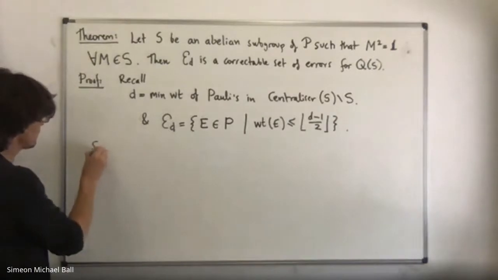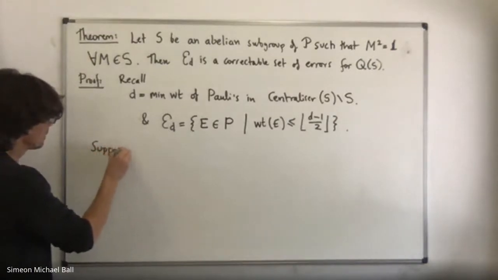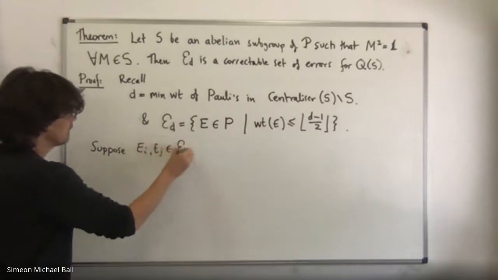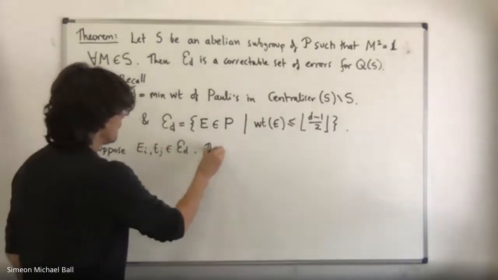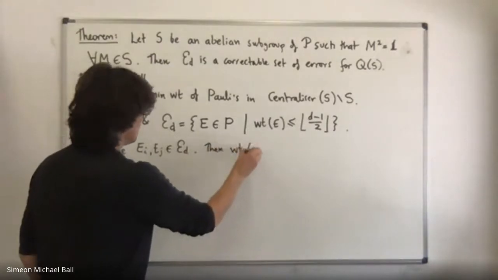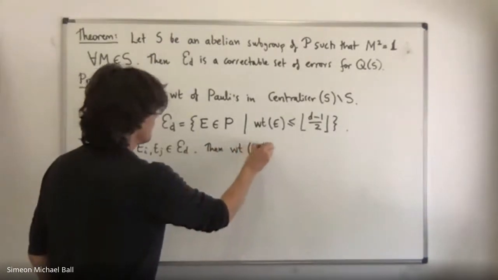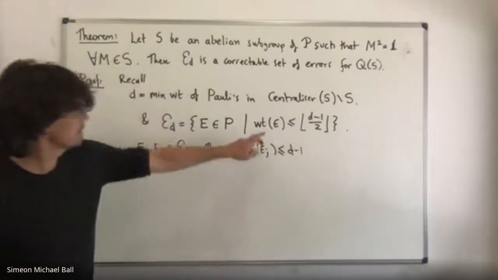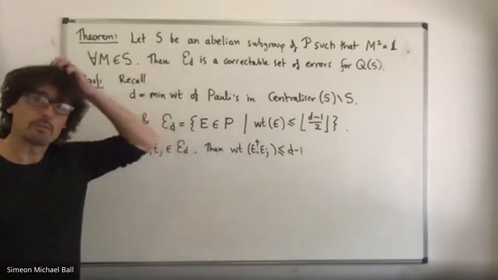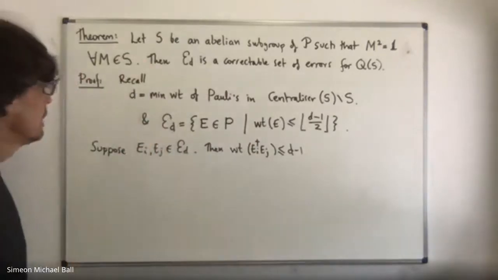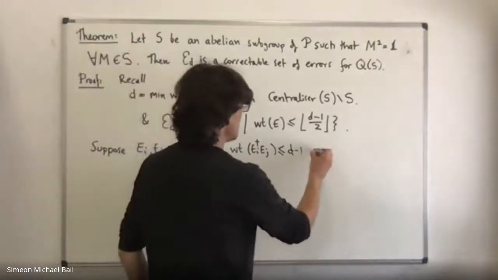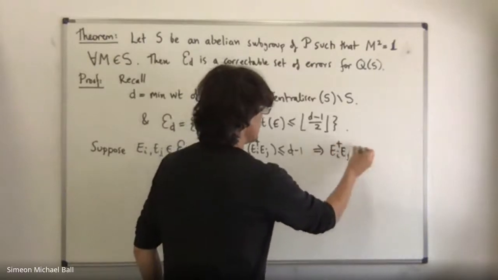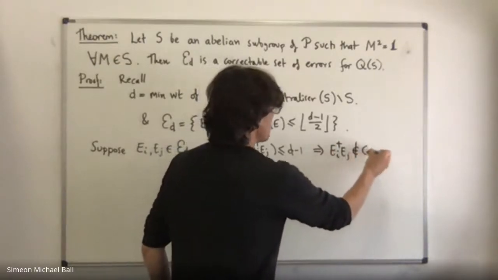So suppose EI, EJ are errors, then the weight of EI EJ dagger is less than D minus 1, since the weight of either one of them is less than D minus 1 divided by 2, which implies EI EJ dagger is not in the centralizer.